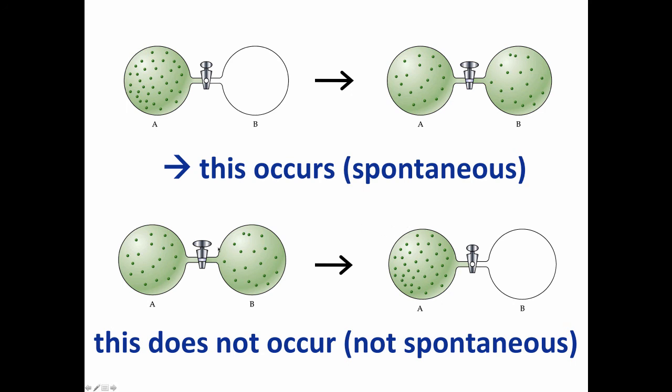So it's not going to be spontaneous for two connected bulbs filled with gas to end up having all of the gas go to one of the bulbs or the other, not because it's impossible for that to happen, but because it's incredibly unlikely or improbable to happen.